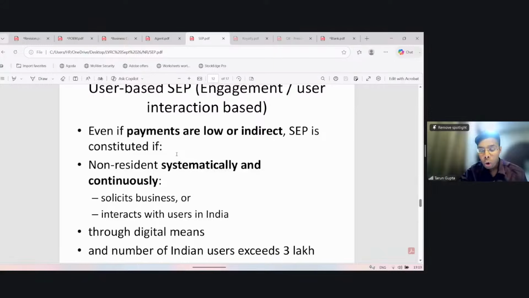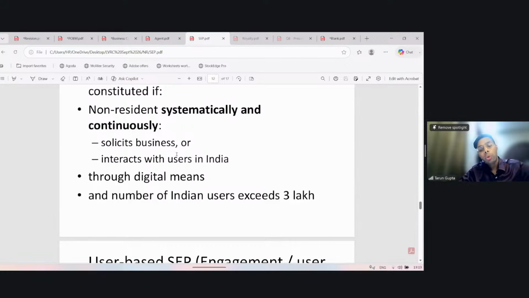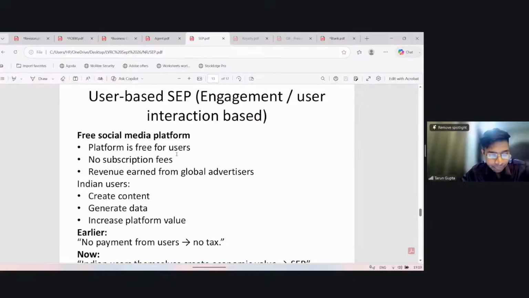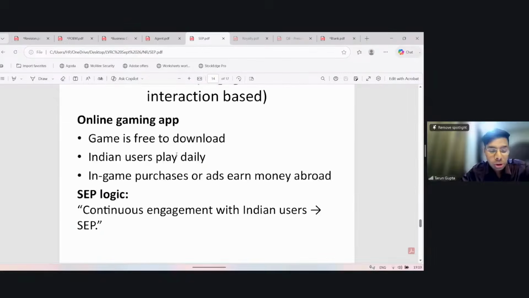Even if payments are low or indirect, SCP is constituted if the non-resident systematically and continuously solicits business or interacts with users in India through digital means, and the number of Indian users exceeds 3 lakh. So we are talking about social media platforms.